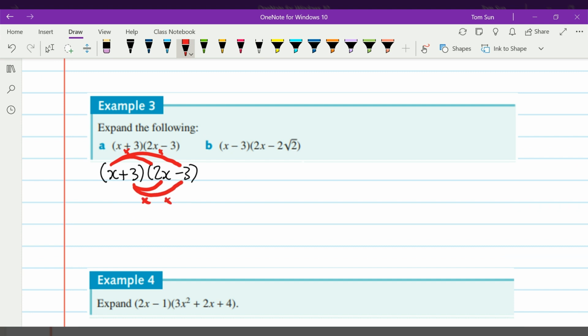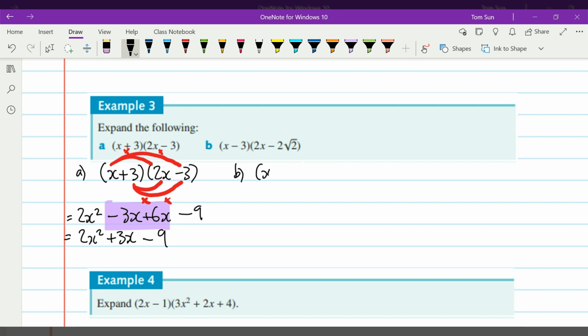So x times 2x is 2x squared, x times negative 3 is negative 3x, positive 3 times 2x is plus 6x, and positive 3 times negative 3 is negative 9. We just combine the like terms, which equals 2x squared plus 3x minus 9. And there's your answer. It's pretty straightforward. That's A. Then we'll do B.